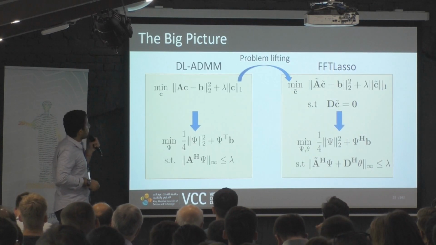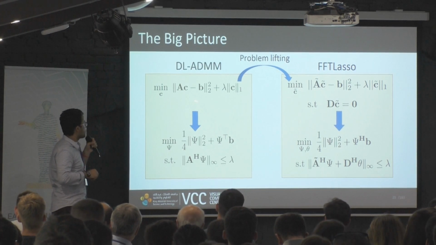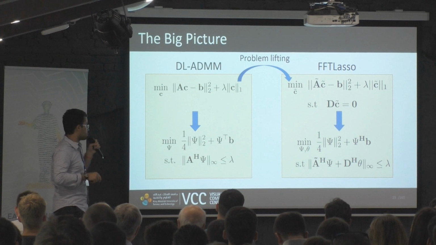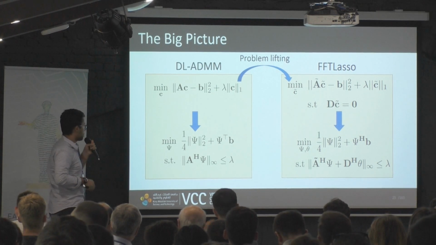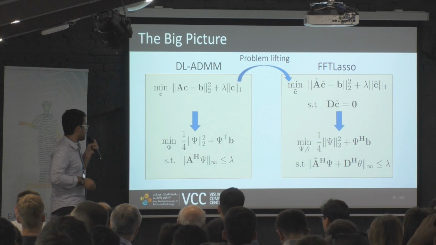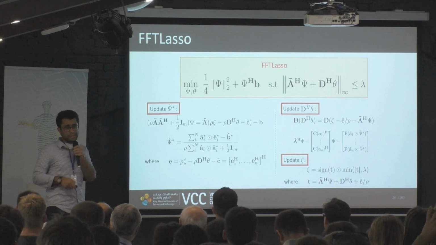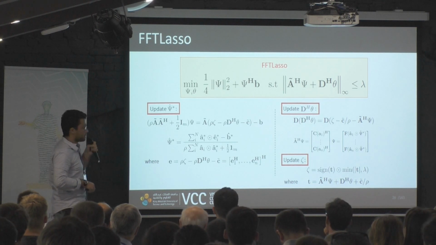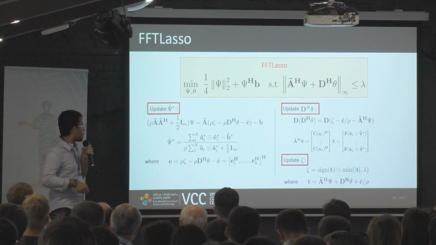Okay, so what is FFT lasso? This is the original lasso problem. We're going to lift it and then generate the dual out of this problem, exactly for the same reason you would do for the original problem, and you apply ADMM to the subproblem. Now, how is this useful by any means? Well, you still need to solve a linear system, but it turns out your linear system is actually an element-wise operation, and all the variables you're updating are in the Fourier domain.